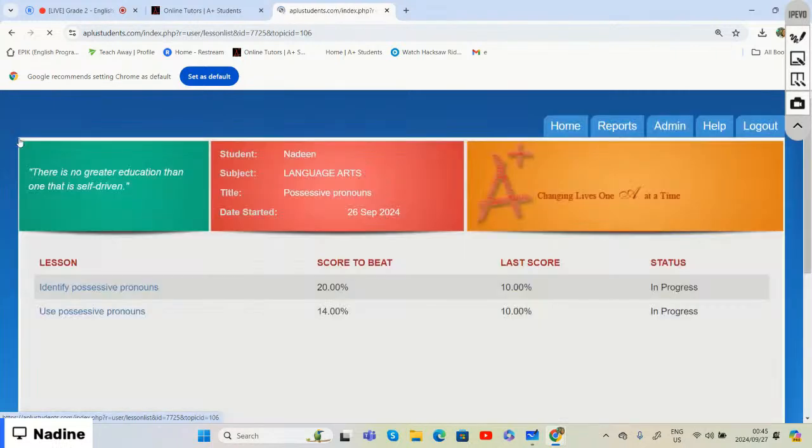So this is the end of our lesson on possessive pronouns. A possessive pronoun takes the place of an actual noun, and it shows who owns or has something.